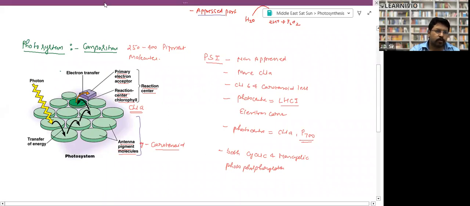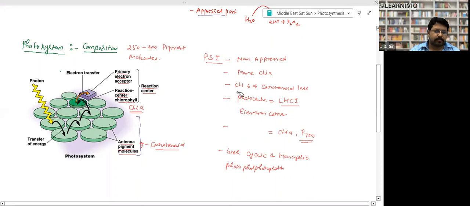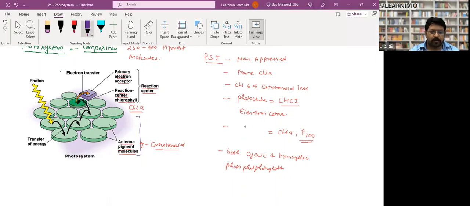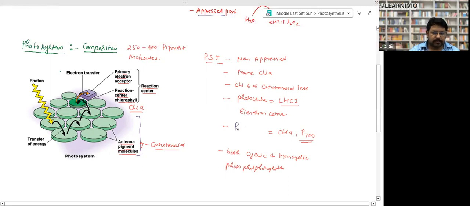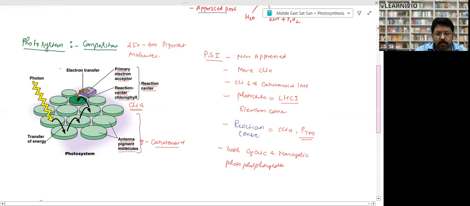Let me write it down more clearly. The reaction center is made up of chlorophyll A molecule and P700. They take part in both cyclic and non-cyclic photophosphorylation. We'll discuss what cyclic and non-cyclic phosphorylation are.